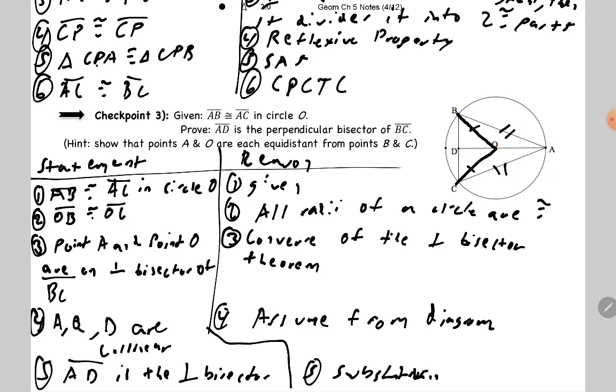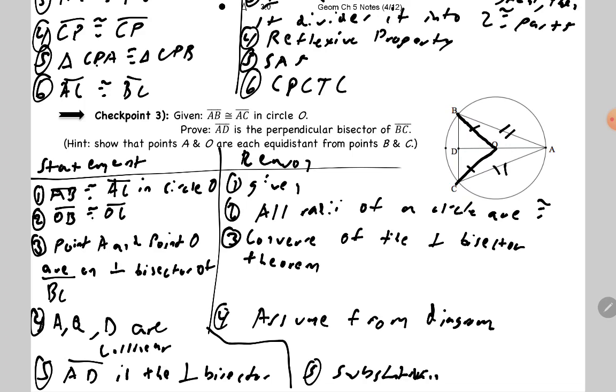And since A and O are both equidistant, they lie on the perpendicular bisector. And since they lie on the perpendicular bisector, D must as well, since they're collinear.